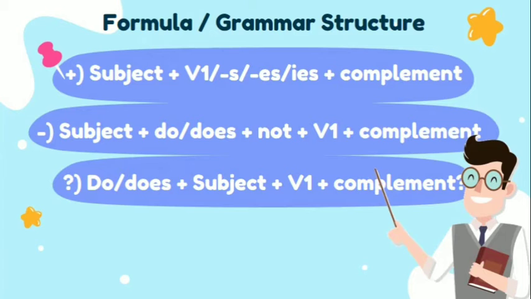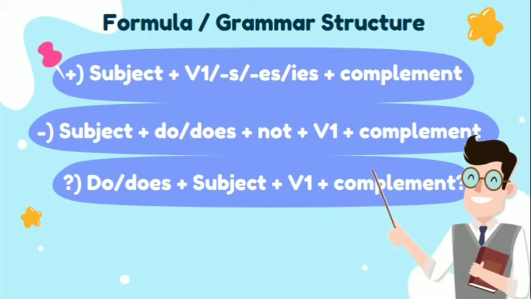So, the auxiliary verb in the negative and interrogative form is changed. The verb in the positive form has s, es, or ies for subject he, she, it. So the s, es, ies transforms into the auxiliary verb does.